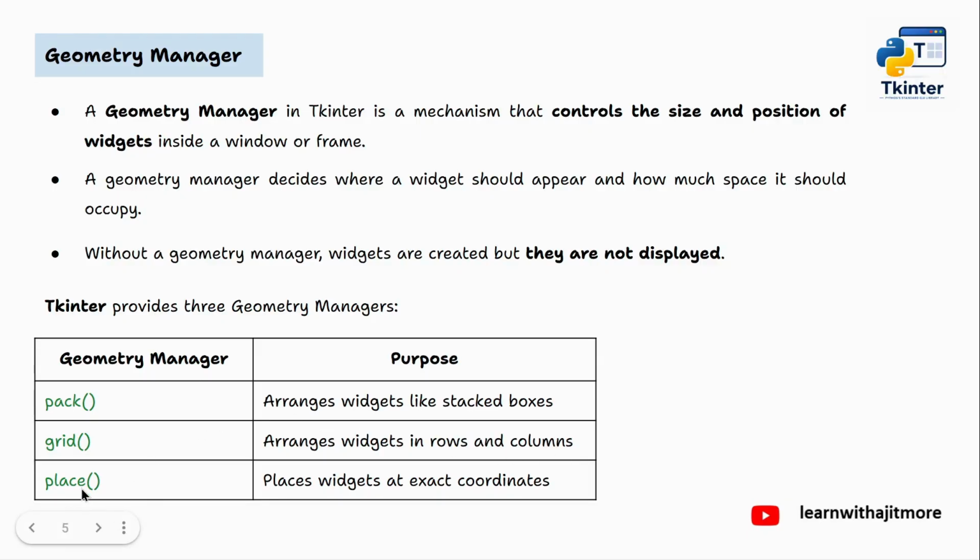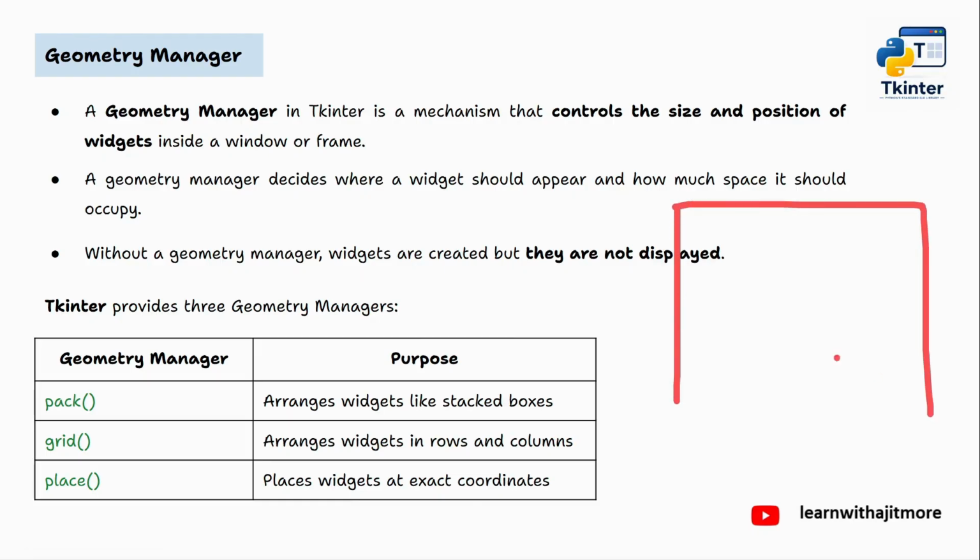And place puts the widget at an absolute location. Means you have to tell the exact location, like 50 pixels from left and 50 pixels from top, and there it will place the widget. And then you can even tell how much width, how much height.